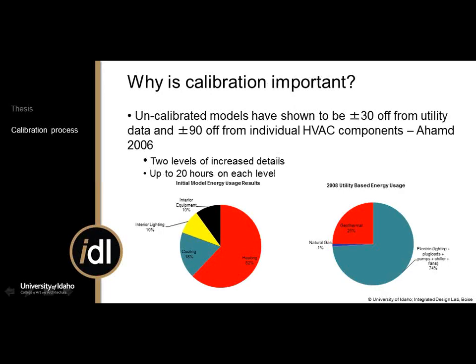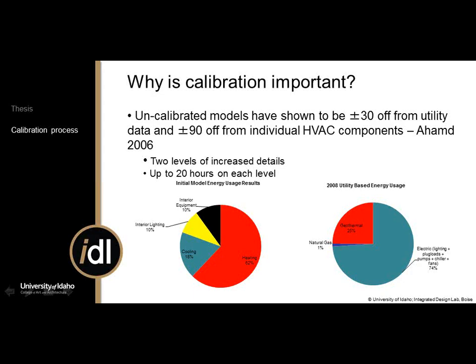Well, previous studies have shown that uncalibrated models have been up to 30% off from the utility data and 90% off from the individual HVAC system components: fans, pumps, chillers, air handling units. And in this study, they proceeded to build a model in 2 levels.